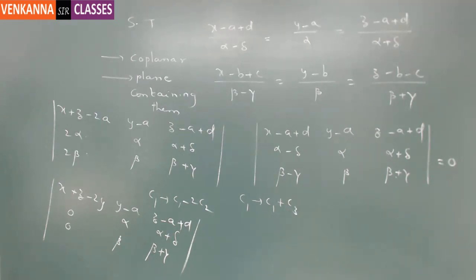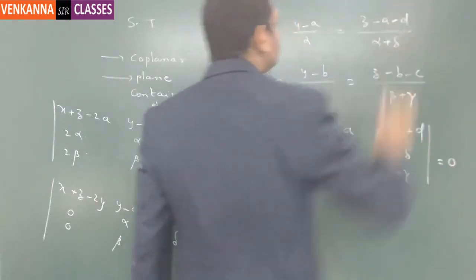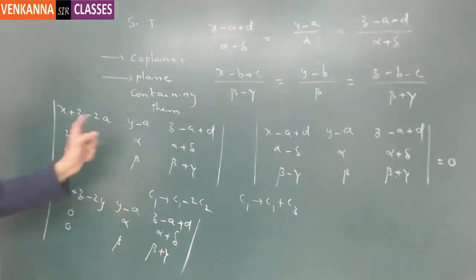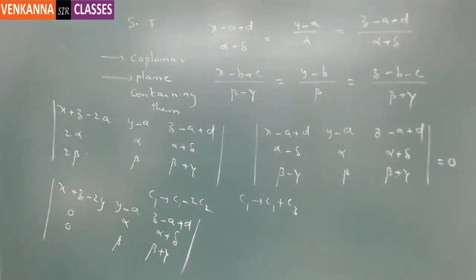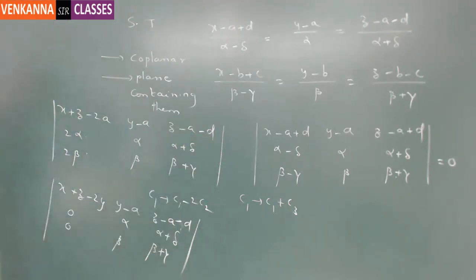So in the problem, you just need to do a small modification that here it should be a minus d. Then only it will become minus 2a here. Do you agree?